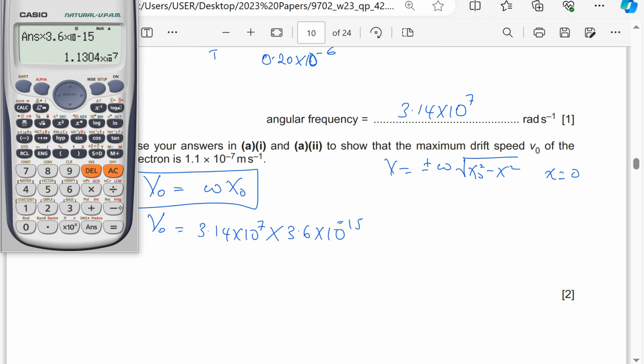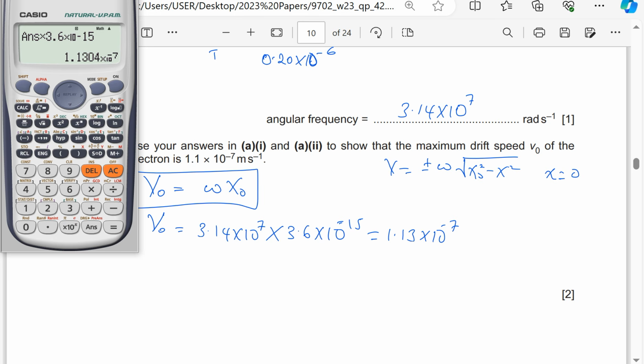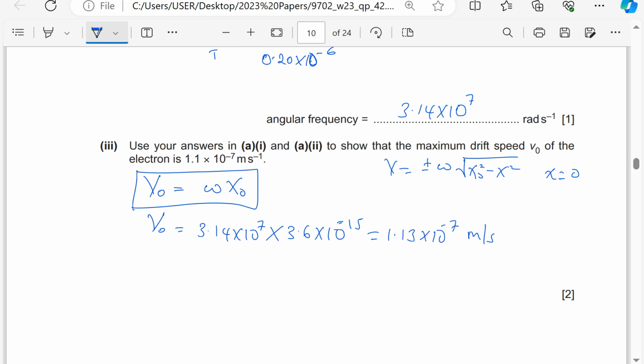So that is 1.13 times 10 to the power of minus 7, not 17, meters per second, which is approximately 1.1 times 10 to the power of minus 7 meters per second as required.